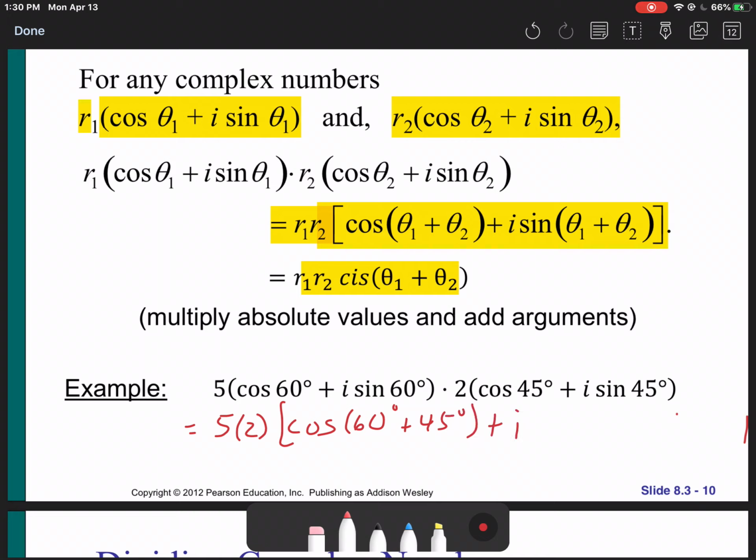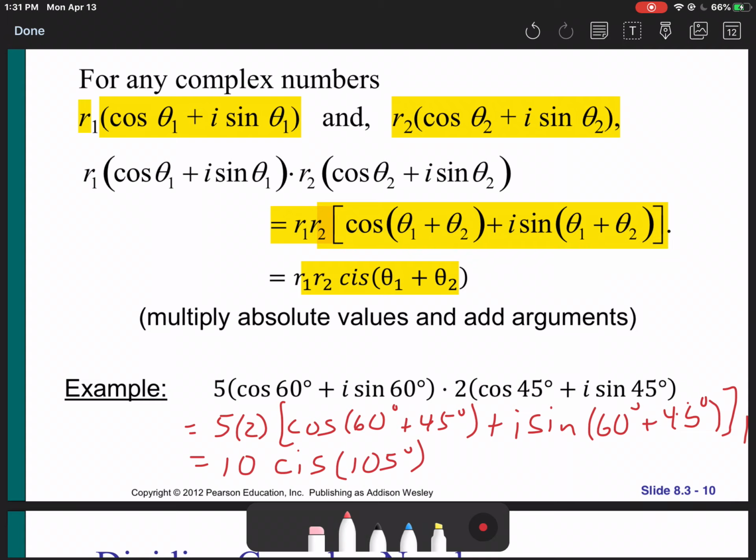Cosine plus I sine, because I'm going to use that cis notation going forward, but again, I don't want you to forget what that actually means, because this is how you're going to have to put this into MyMathLab. So 5 times 2, I've got 10, and then I've got the cosine plus I sine of 60 plus 45, 105. And that would be the product of those two complex numbers.